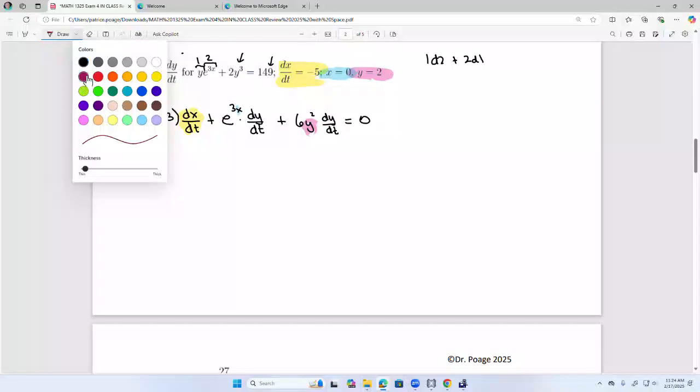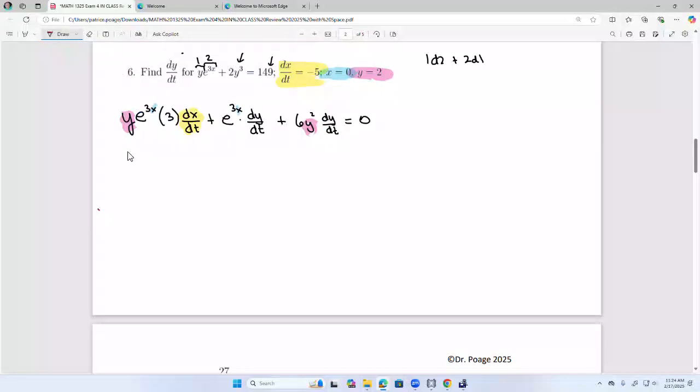So plugging these in, I have 2 times e to the 3 times 0 times 3 times negative 5 plus e to the 3 times 0 dy/dt plus 6 times 2 squared dy/dt equals 0.